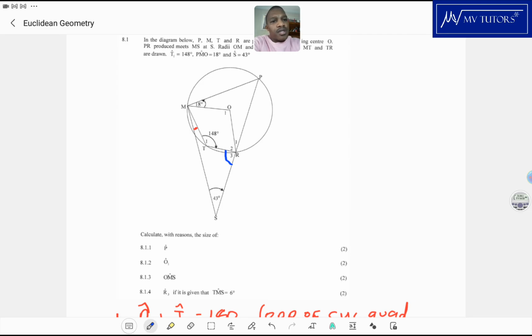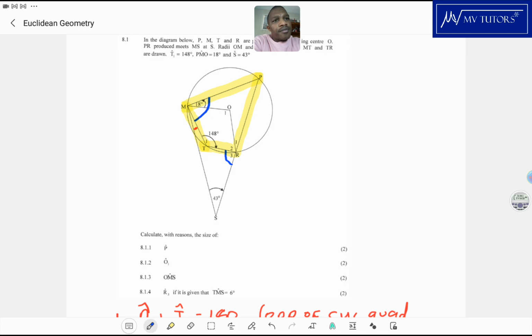If you notice the cyclic quad, let me just put the cyclic quad in there. That's our cyclic quad. You can clearly see that the theorem of the cyclic quad, the external angle theorem, says the external angle of a cyclic quad is equal to the internal opposite. So that's the internal, that's the opposite. So it's equal to that angle.